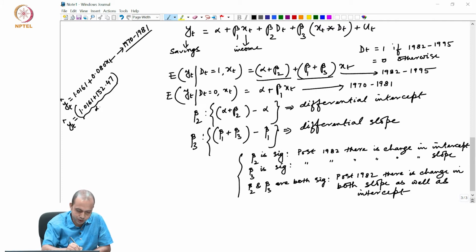This is actually your alpha plus beta 2. Plus, what is your beta 1 plus beta 3?